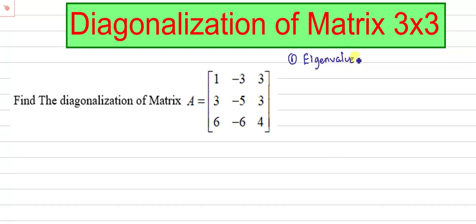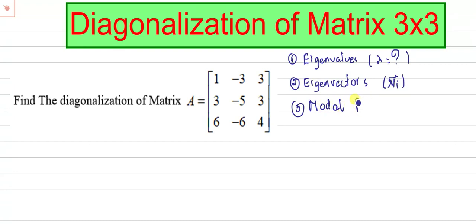So we find the values of lambda. Second, we find the eigenvector, we got V, Vi.